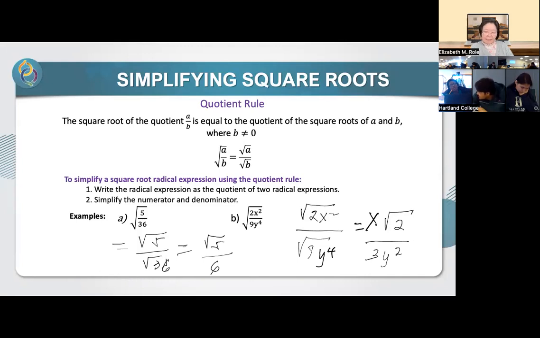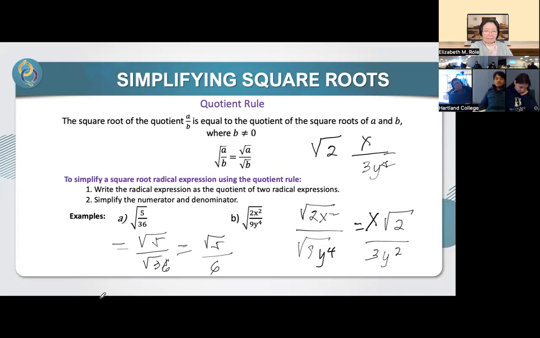You can write it as the square root of 2 times x over 3y squared, as some people would want, but that's not necessary. I would rather have it as just x, the square root of 2 over 3y squared. So the idea is that you get the square root of the numerator and also the square root of the denominator.